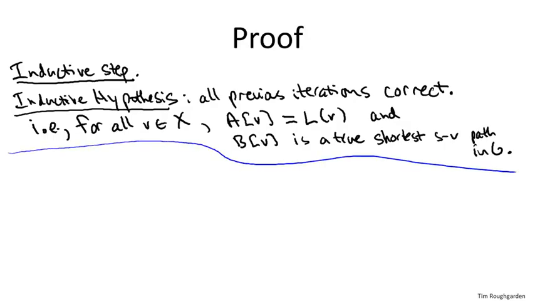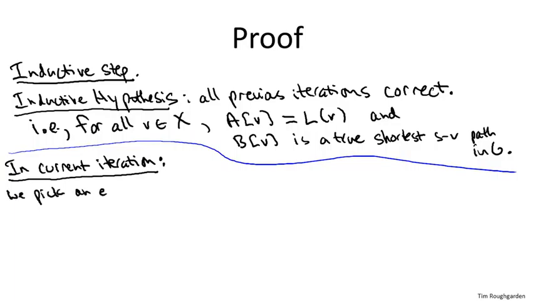So in our running notation, for all vertices V in our set capital X, what we computed as our estimate of the shortest path distance for V is in fact the real shortest path distance, and also the computed shortest path is in fact a true shortest path from S to V.